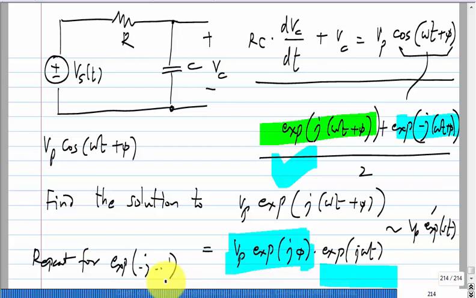So now on the left side we have Vc as well as its derivative. So if we have Vc to be a sine, we will have cos, and if we have Vc to be a cos, we will have sine here. Okay. So if you want to get only a cosine here, then you will have to have both. So in general, you could also do it in another way.